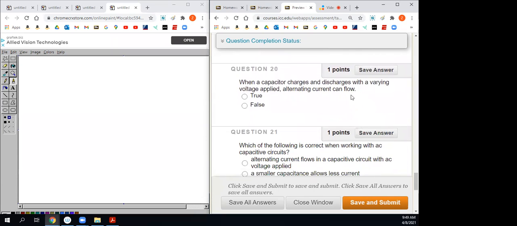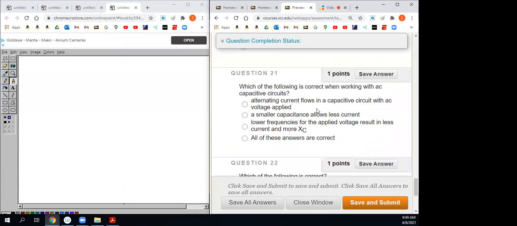When a capacitor charges and discharges with a varying voltage applied, alternating current can flow. True that? Which of the following is correct when working with AC capacitive circuits? Alternating current flows in a capacitive circuit with AC voltage applied.